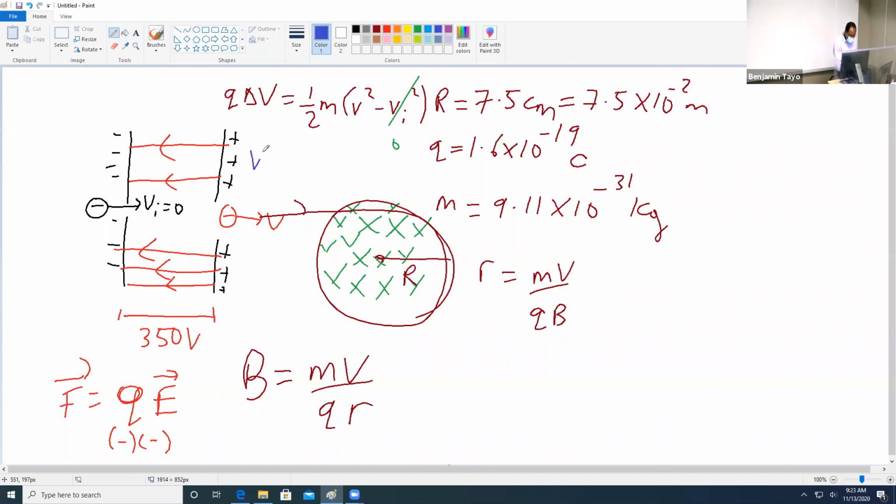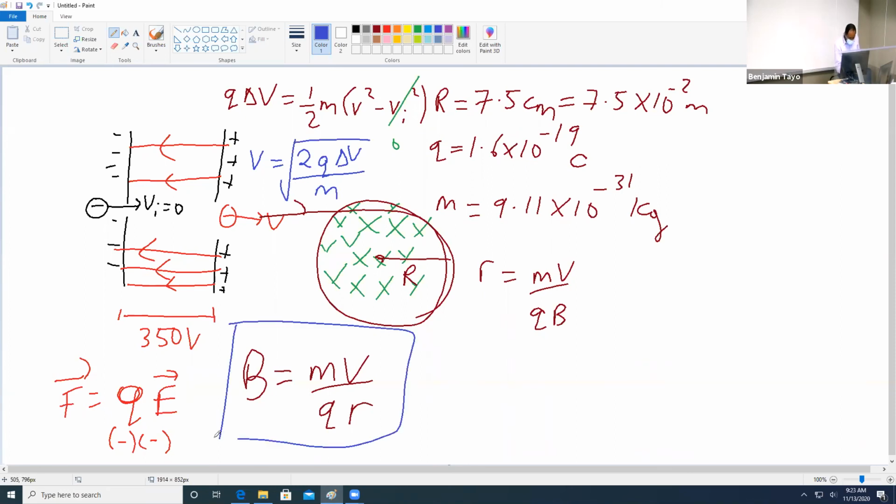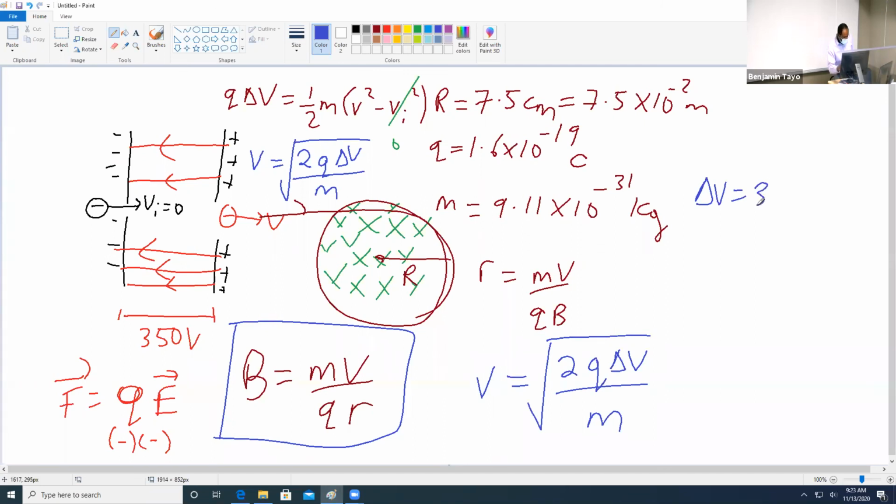So my V is equal to the square root of 2 times Q times delta V, divided by mass. All right, so this is V, where delta V is equal to 350.